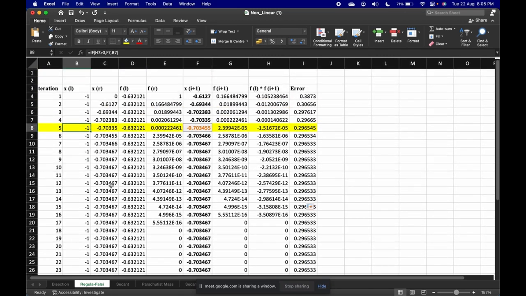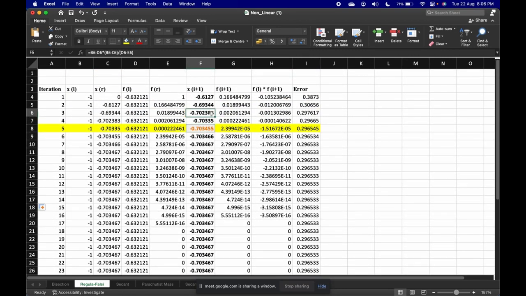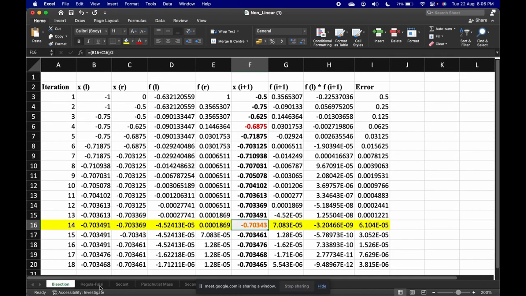And now this F1 is actually very much 0. So you can be contained with minus 0.703. It is not even changing. So you have already got the answer in your fourth iteration itself, or a third iteration itself here. So this was one way, Regula-Falsi and bisection methods.